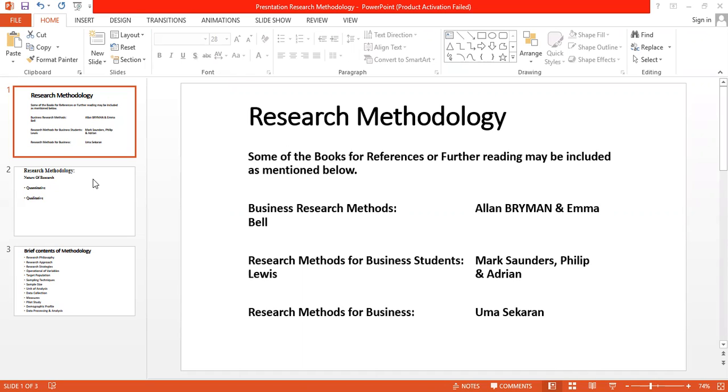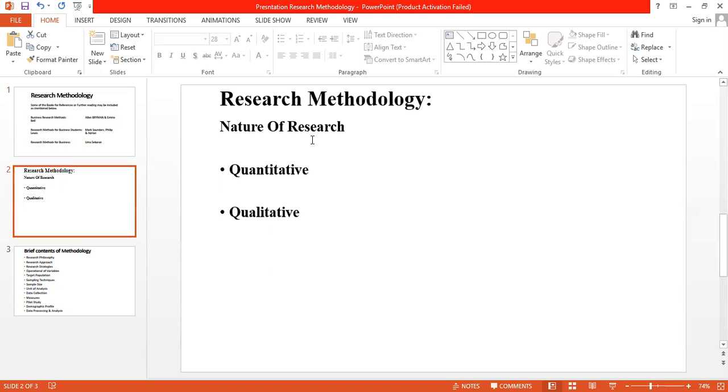So let's go forward to the first slide of our lecture, which is research methodology and the nature of research. Here, two types of research are mentioned: one is qualitative nature of research and the other is quantitative nature of research. When you are going to write your thesis, you will discuss what the nature of your thesis is.